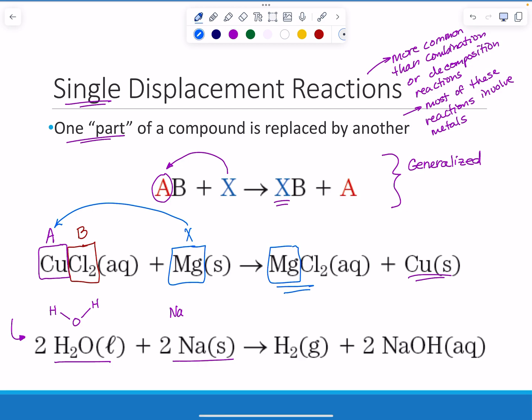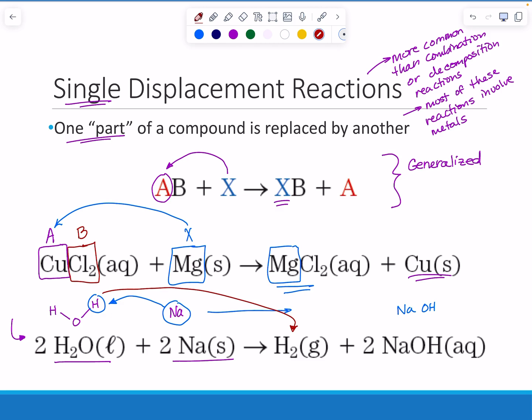So I have the sodium replacing one of the hydrogens, and so that's how I get my sodium hydroxide. And then this hydrogen combines with a second hydrogen that gets lost from a second water molecule and makes the hydrogen gas.